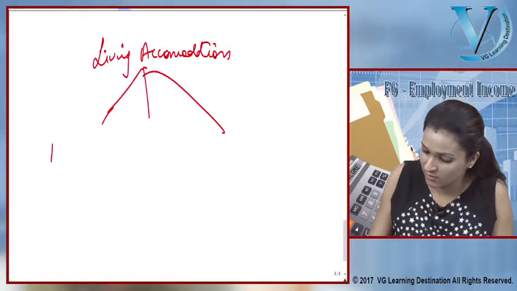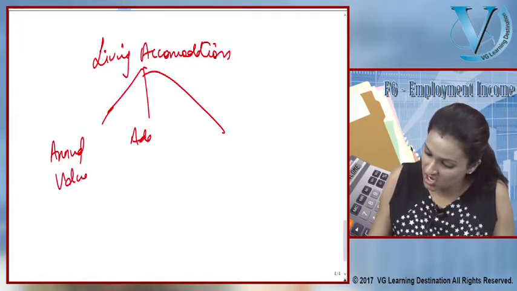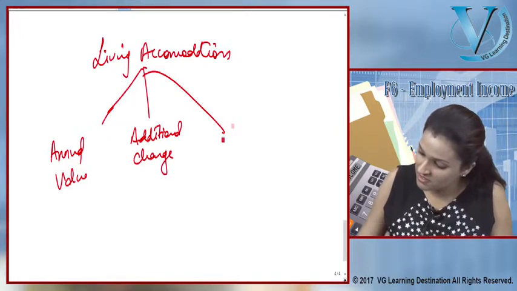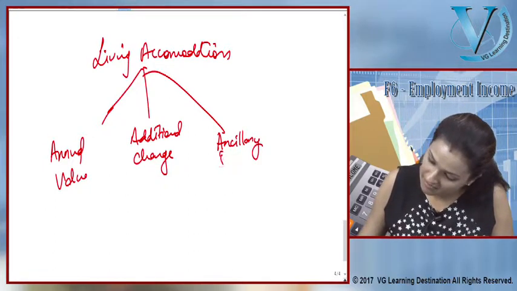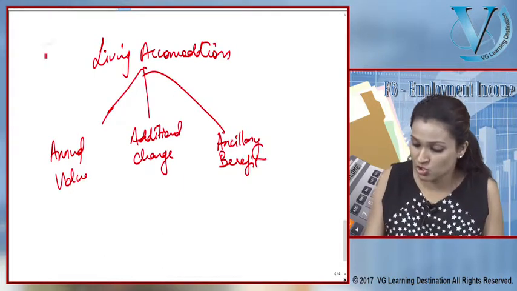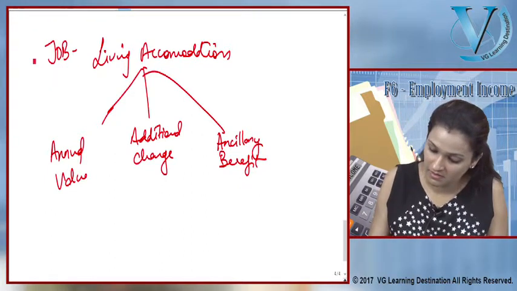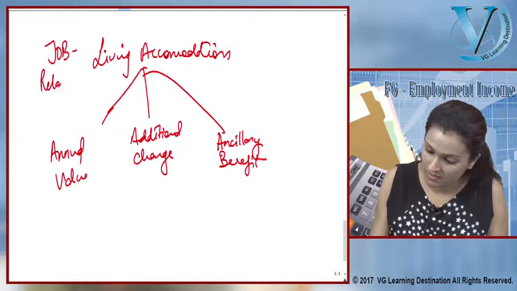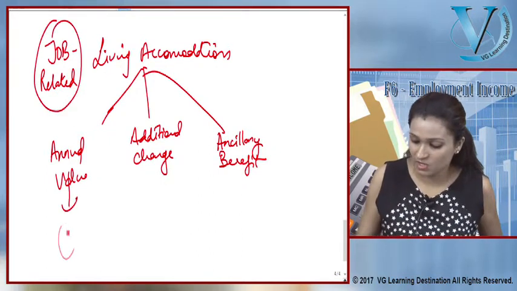The first being the annual charge, the annual value, followed by the additional charge, and thereafter there was an ancillary benefit charge. So if this accommodation becomes a job related living accommodation, this becomes zero.